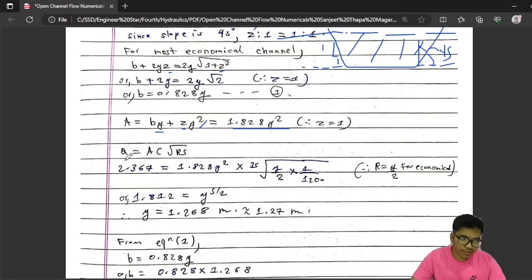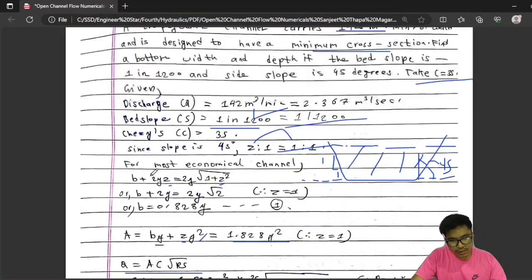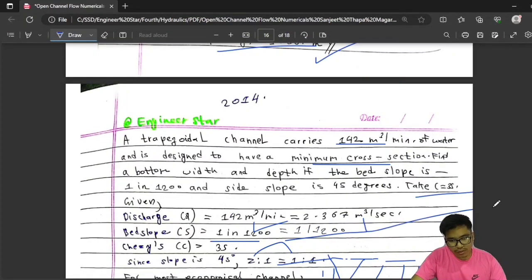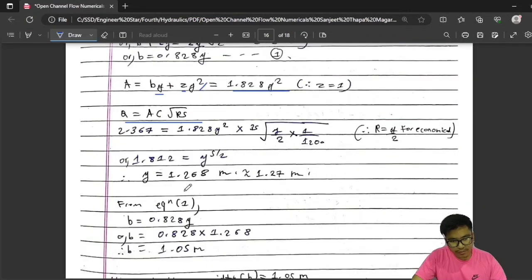For this formula, Q is AC root RS. Q we have already calculated, 2.367 is equal to area 1.827 y square, C is 35, R is y by 2 for this condition, and S is 1 by 1200.